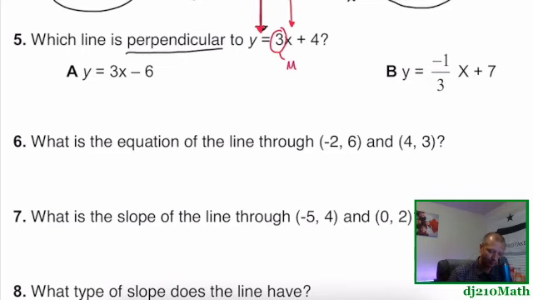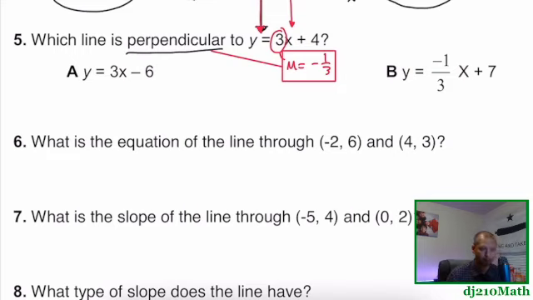So the slope that we want is negative 1/3. This is the opposite reciprocal, which means it is perpendicular to the given slope.